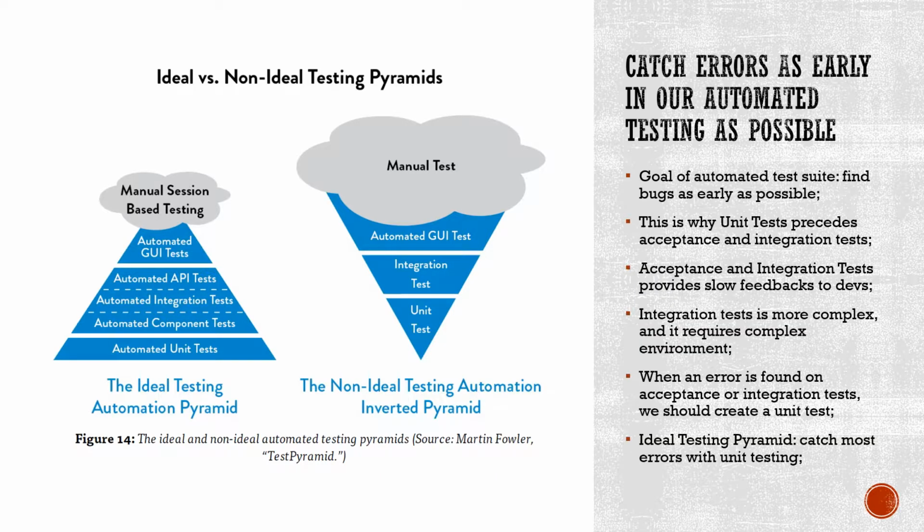When we look at this slide, we will see that the priority is for errors to be found with the fastest category of testing possible. But how can we deal with errors that are found in our acceptance and integration tests? We should create a unit test that could find the error faster, earlier, and cheaper.